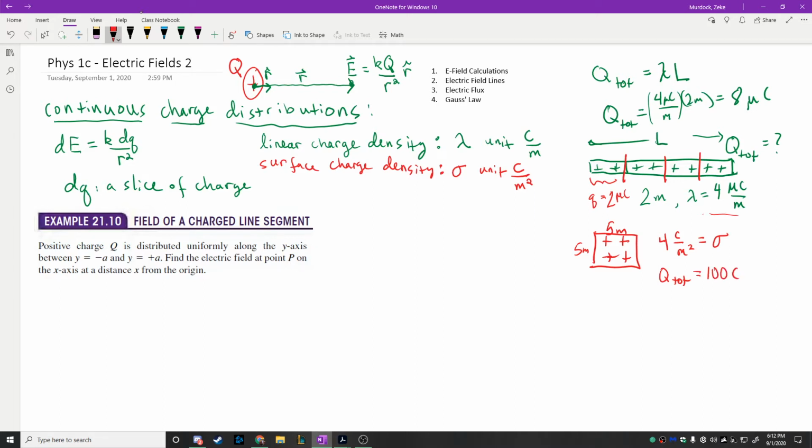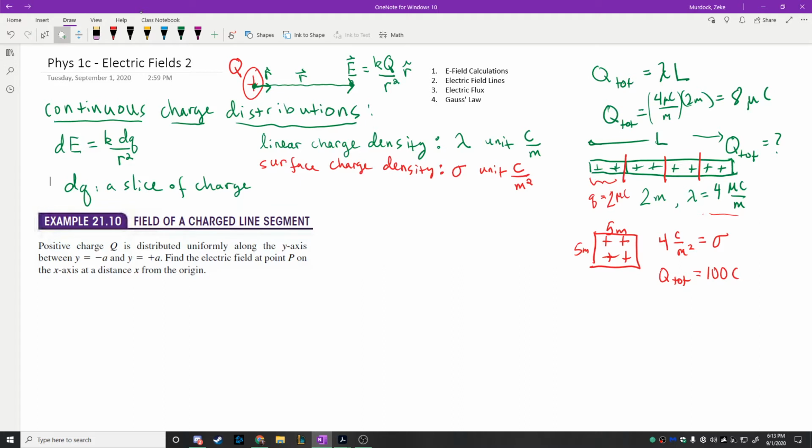Pretty simple. The thing is that when we start to introduce this type of thing, I think people get confused a little bit, or at least I did when I was learning this: if you have this dq now, what is that going to mean? Well, we can relate this dq to these lambdas and something to do with length or area as well.